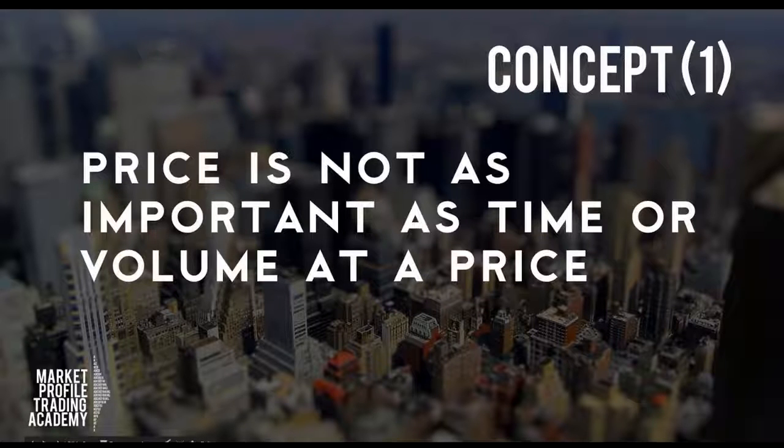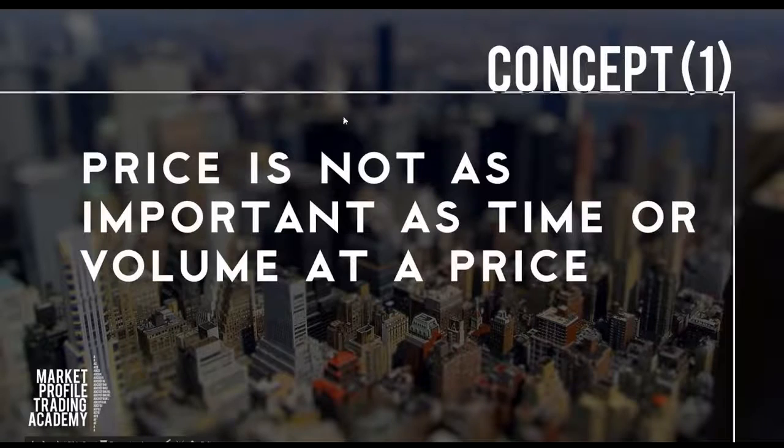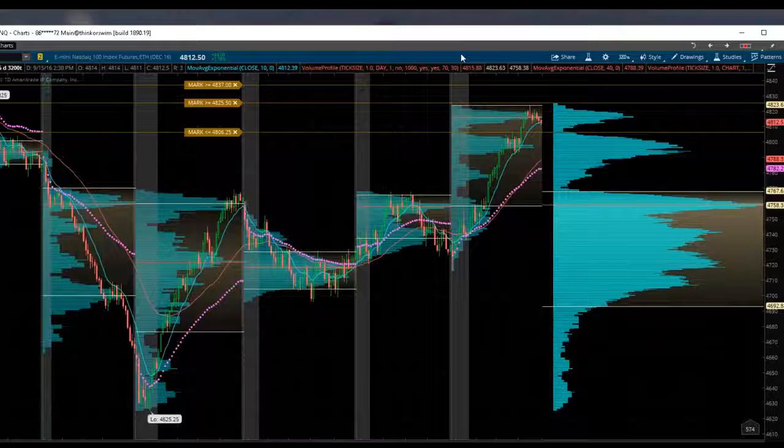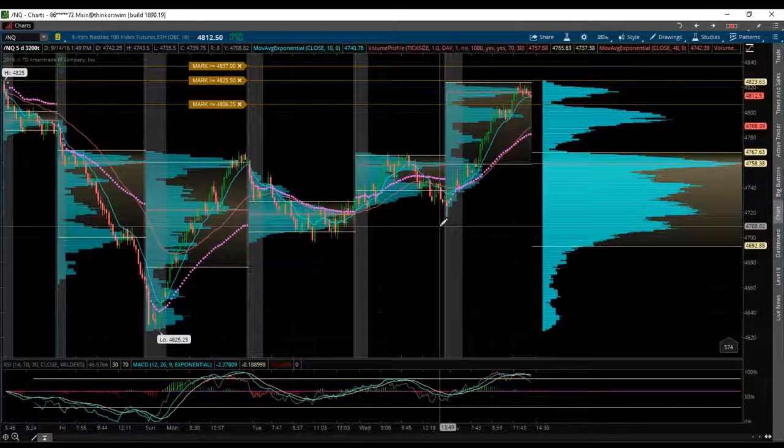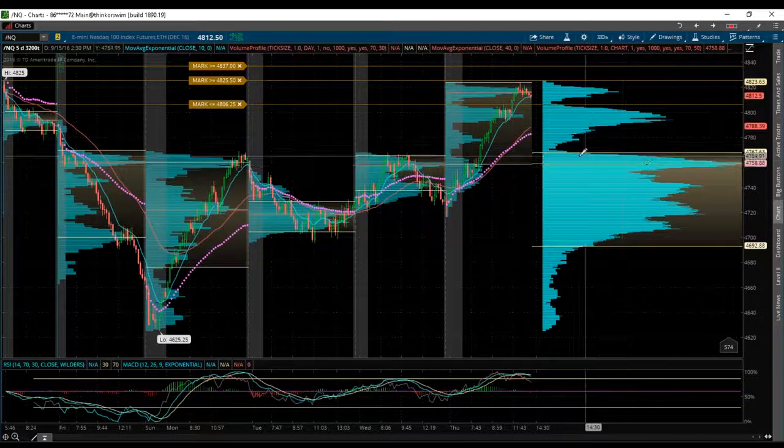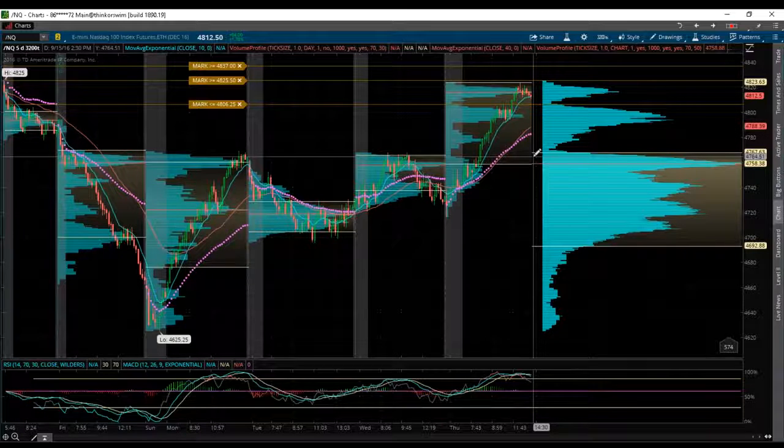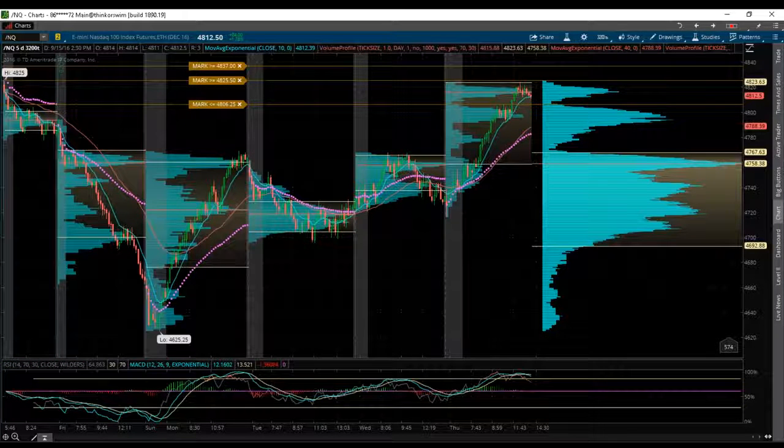And in fact, let's just look at a specific example here. This is Nasdaq futures today, and you can see that we spent a lot of time here.